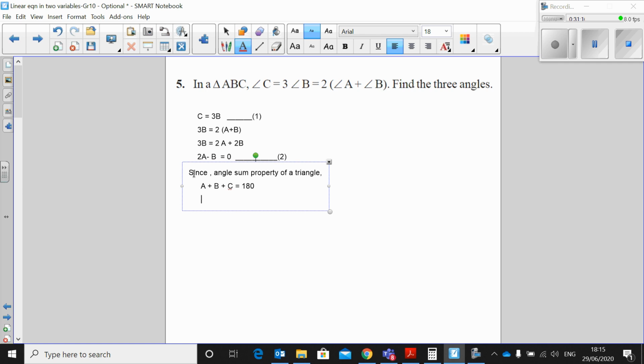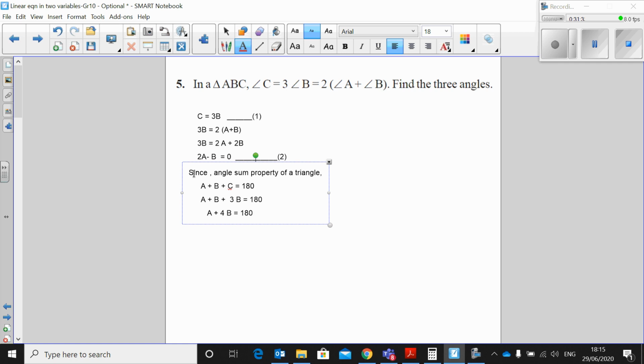A will remain as A and B will remain as B. C is nothing but 3 times B, which is equal to 180 degrees. So A plus 4B, which is equal to 180 degrees. Let us take equation 3.